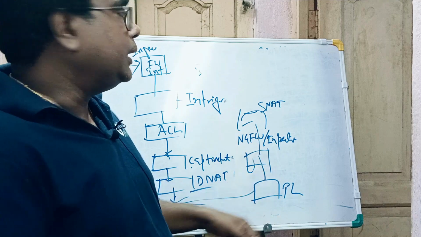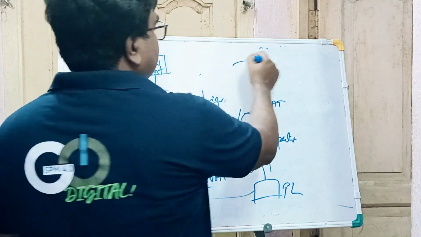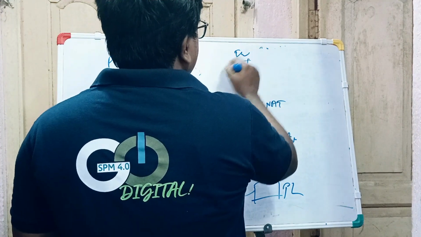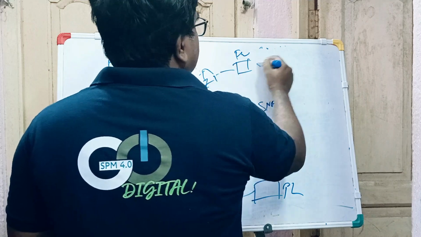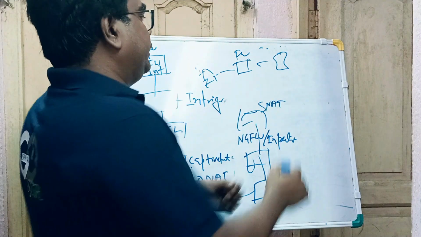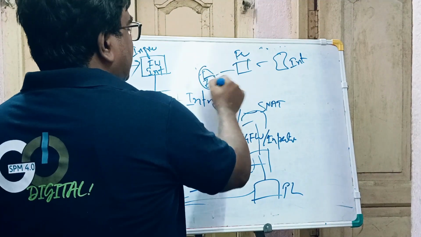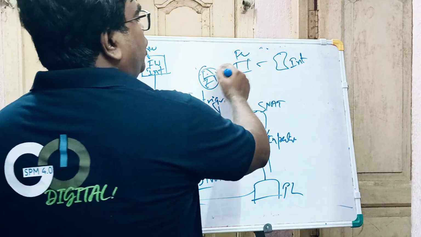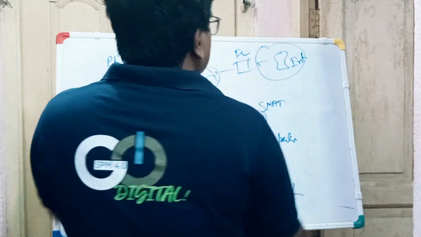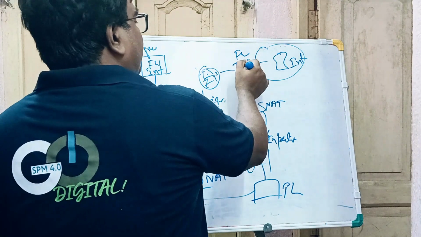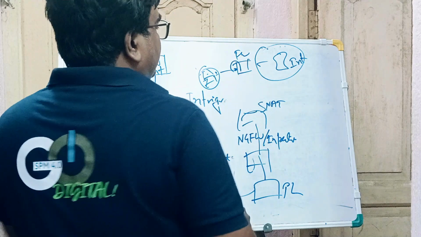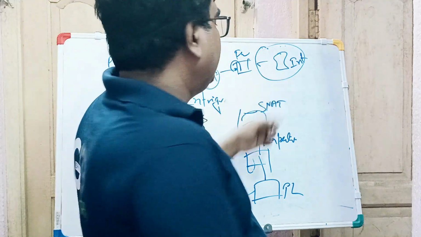Source NAT is a NAT system. As I showed at the start, there is a firewall and there is a client system. The client system wants to go to the internet. The LAN IP or local IP is not routable on the internet, so the firewall provides an IP which is publicly routable.